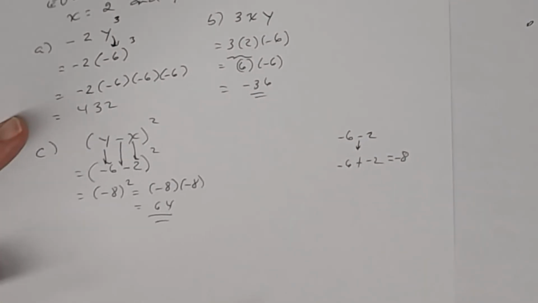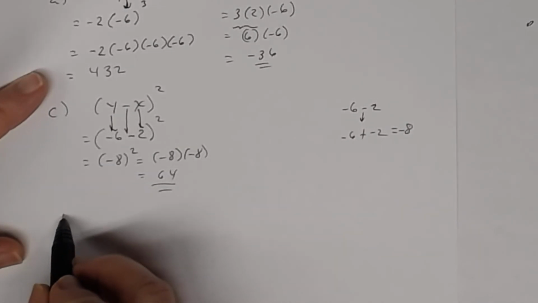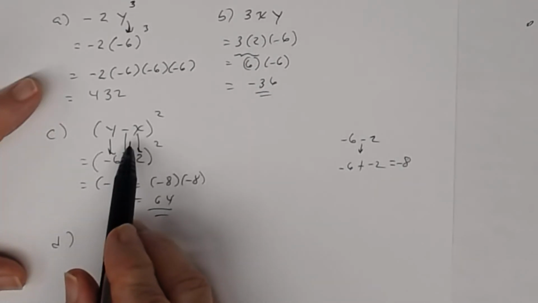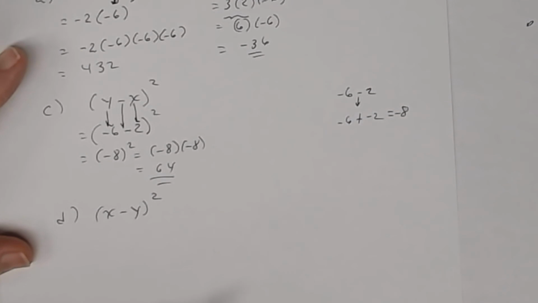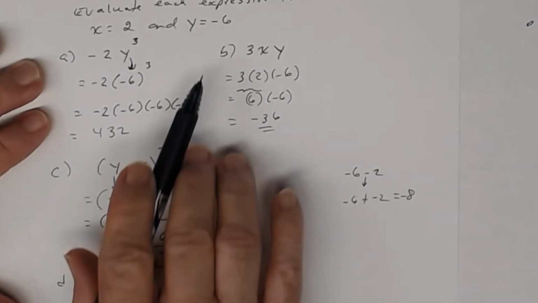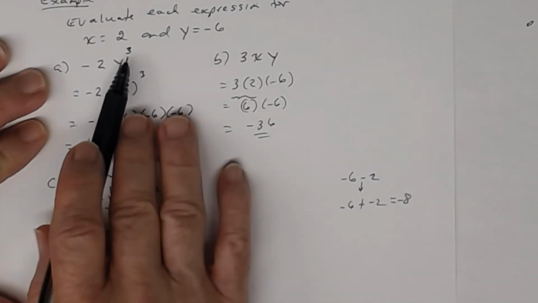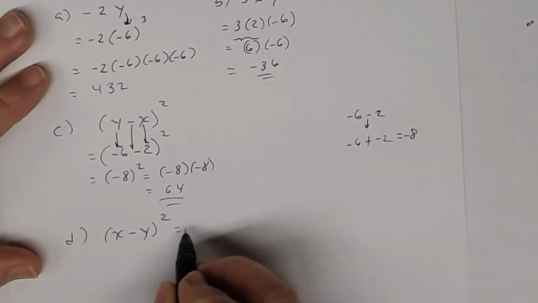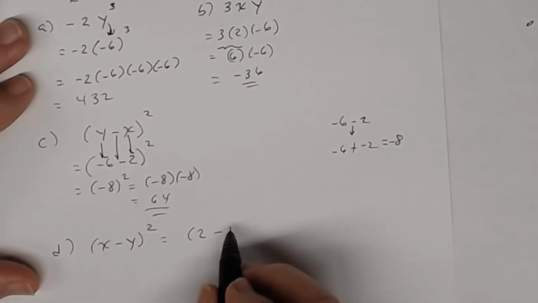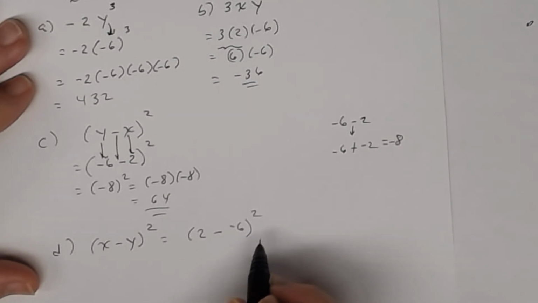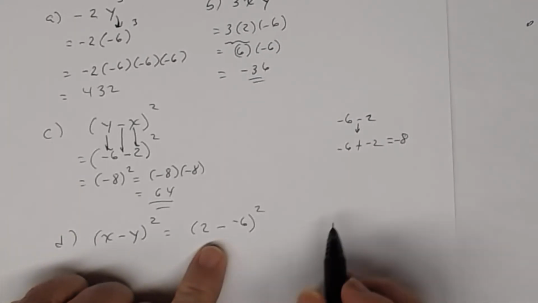Okay? D. Now, suppose I had this for D instead. Instead of y minus x, let's suppose we had x minus y squared. What will be the difference? Well, x is listed first, so be careful. So that's 2. You're going to say 2 subtract y. Y is -6, and that's being squared. Be a little bit careful with this one.